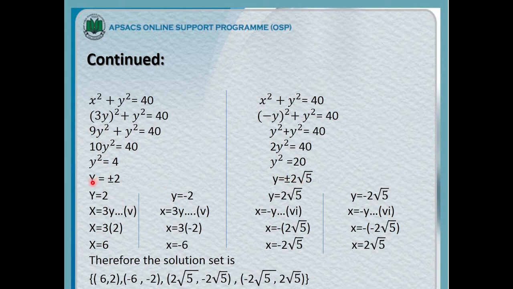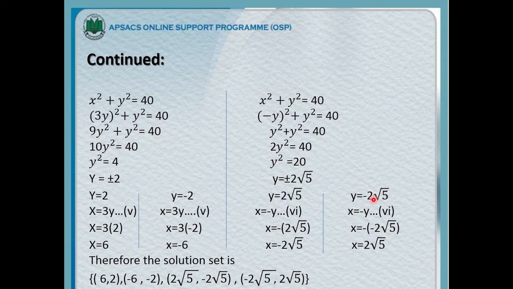Here we have four values of y. So by substituting y equals 2 in equation number 5, we get x equals 6. And by putting y equals minus 2 in equation number 5, we get x equals minus 6. Similarly, when we substitute the value of y, that is 2 root 5, in equation number 6, we get x equals minus 2 root 5.